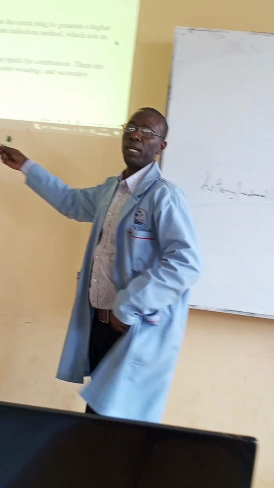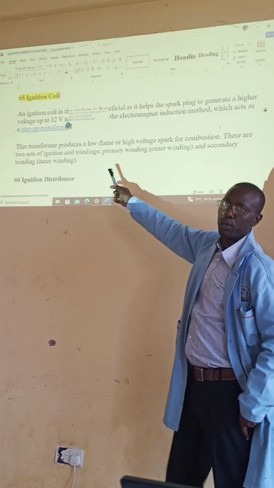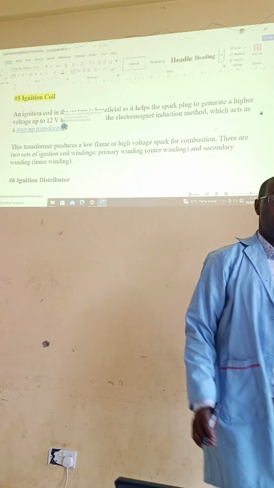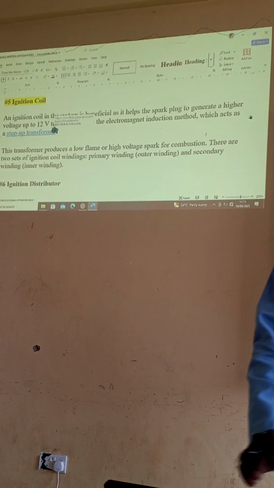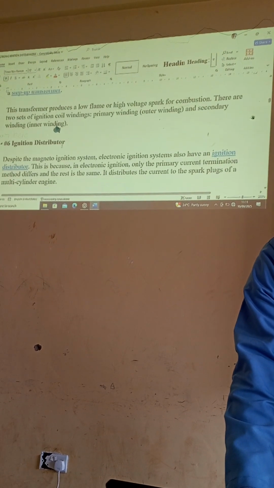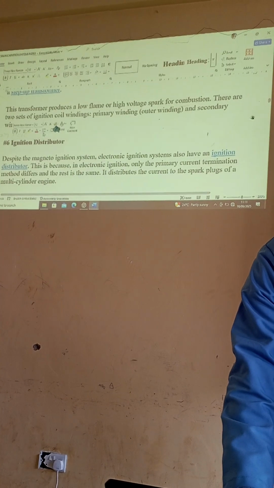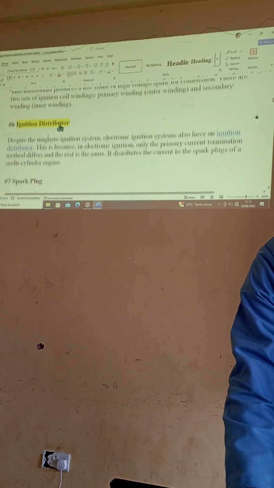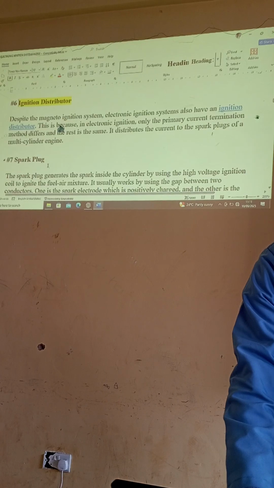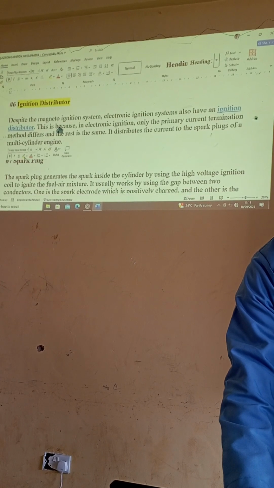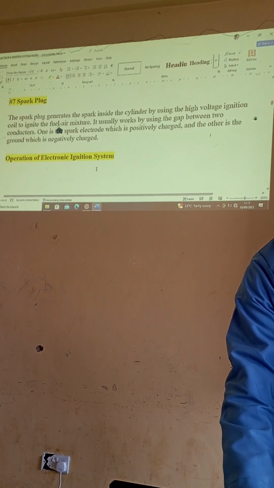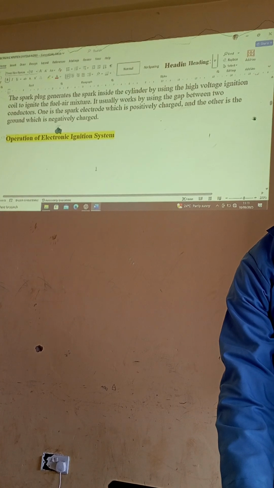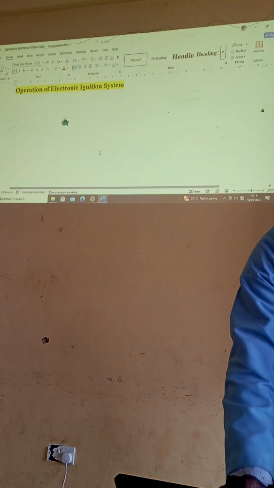If you check here, they are talking about a step-up. Then we have the ignition distributor, which distributes the current to the spark plugs. As you can see, the spark plug is the last point of delivery of this current to the combustion chamber.